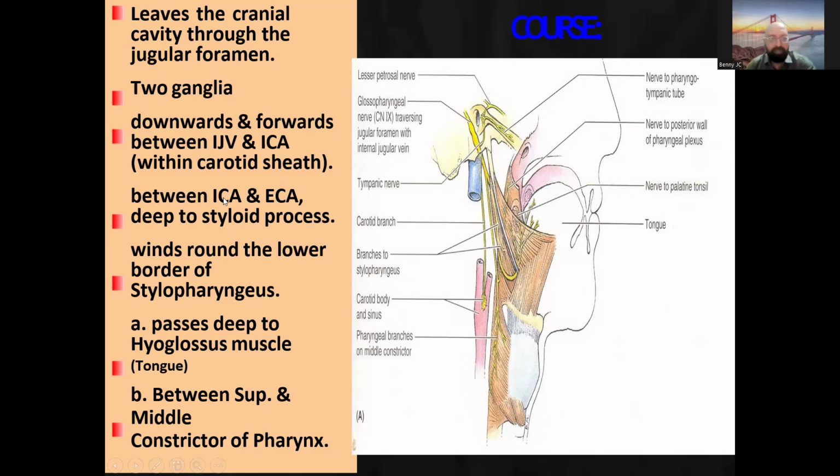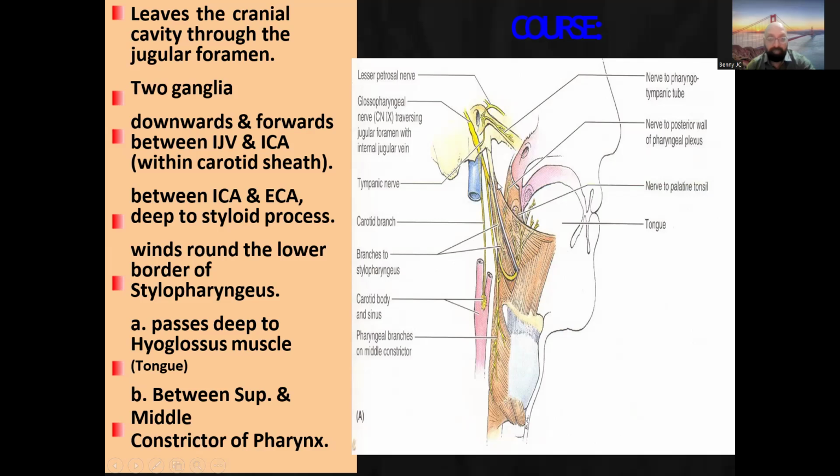So it passes out between the internal carotid artery and external carotid artery, out of the carotid sheath, passing deep to the styloid process. And since it's very intimately related to the styloid process, that is where we will see the origin of the stylopharyngeus muscle. So from then, it's got this companion, the stylopharyngeus muscle, and it comes together.